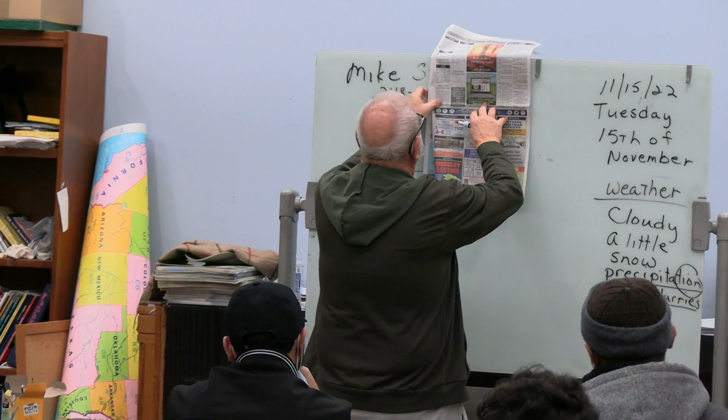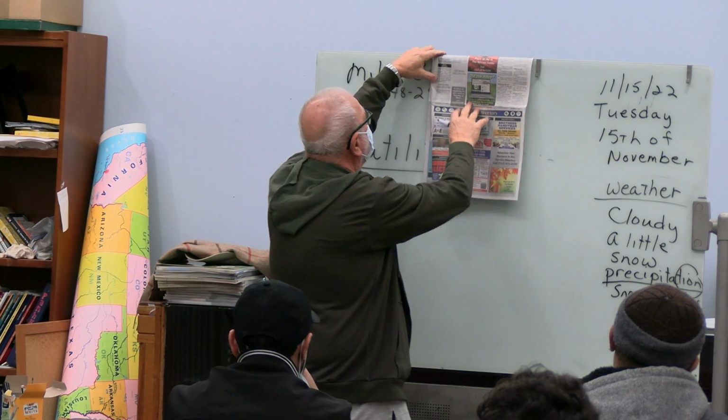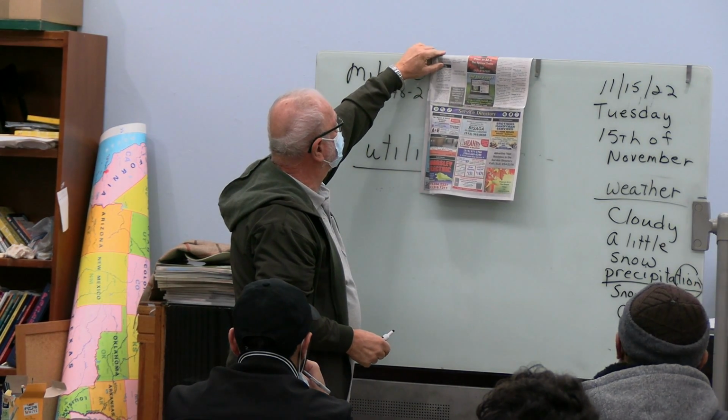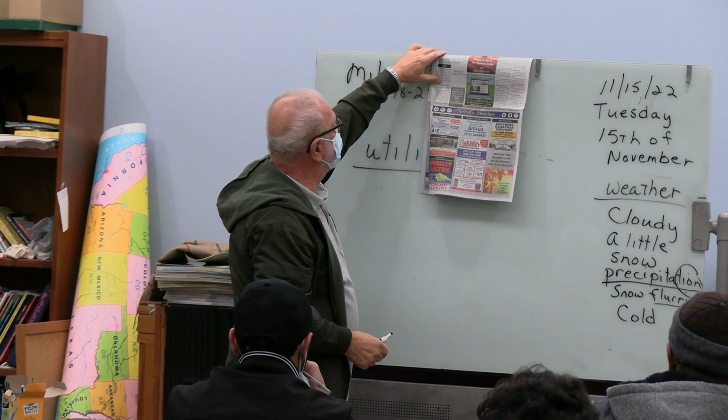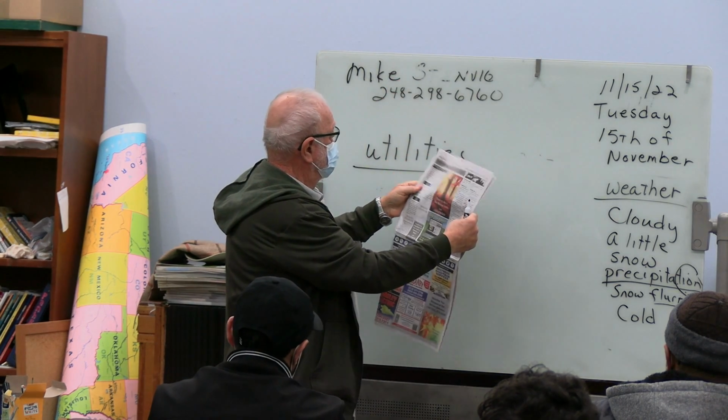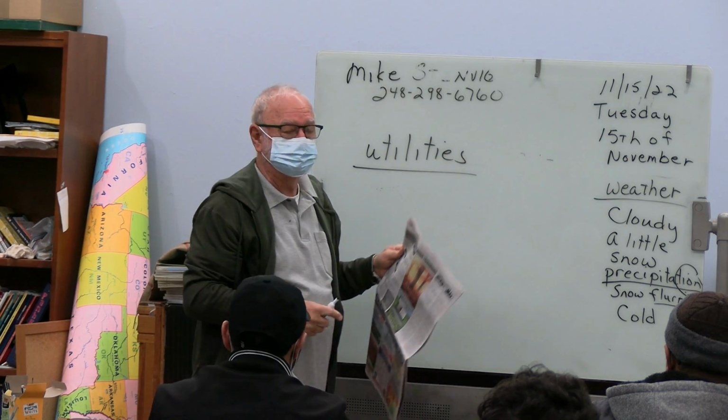And these classifieds were not very helpful here, but they look like this: house for sale, apartment for rent.